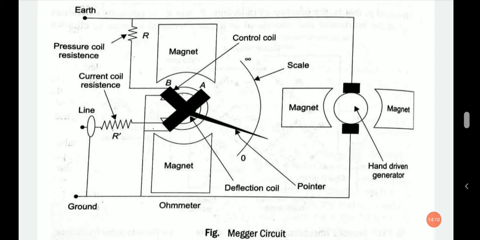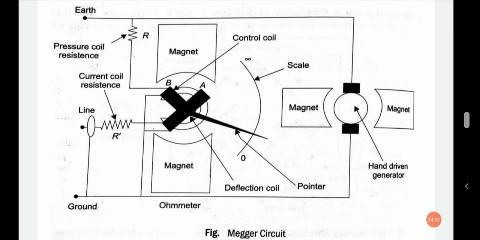It is capable of measuring resistances with high potential or breakdown voltage. It is also used for testing purposes in electrical power systems to test ground, short circuit and continuity conditions.